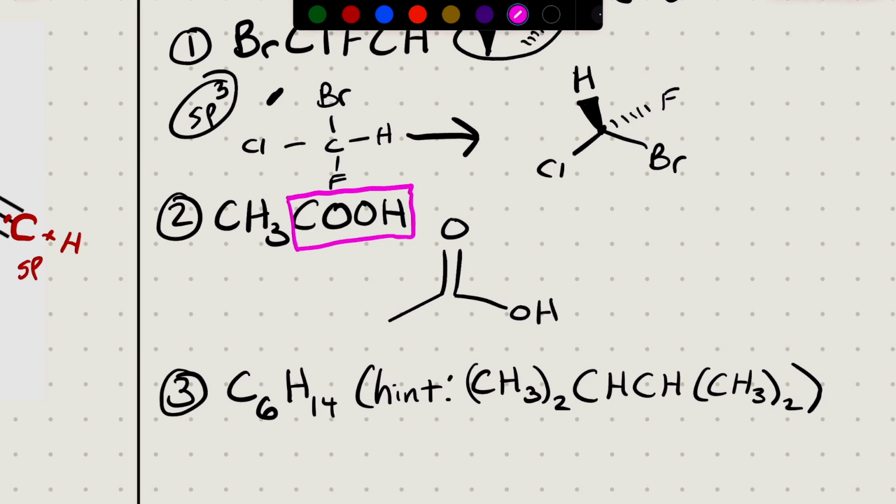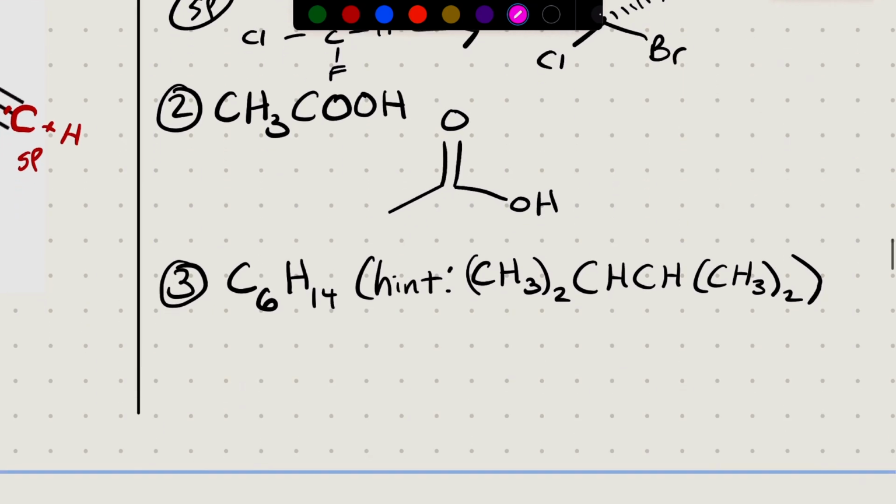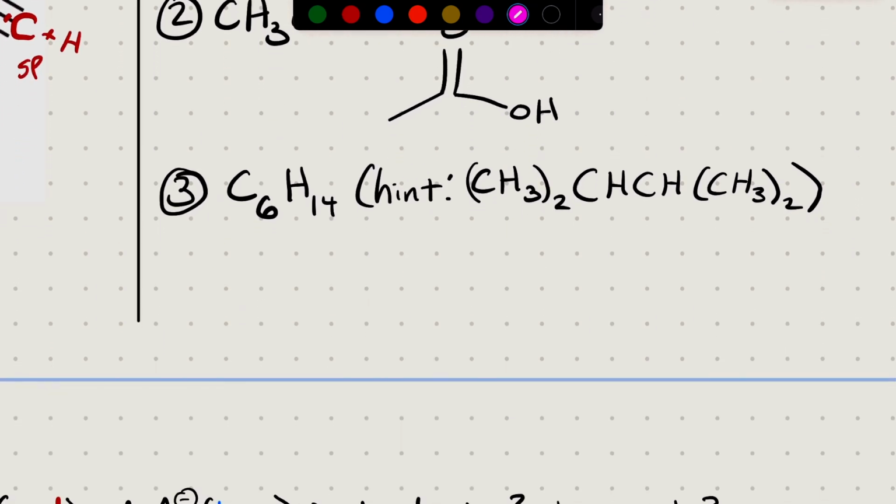And again, the reason why I know that, and you will learn it later, is this is a code to know what a functional group known as carboxylic acid is. COOH is the symbol for carboxylic acid, but I did not expect you to know that at this stage. This one was really hard, and that's why I gave you the hint.